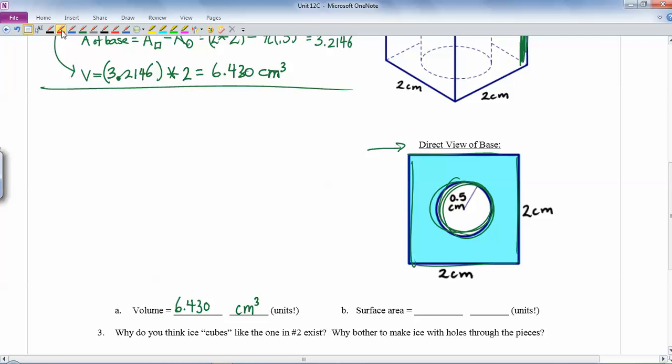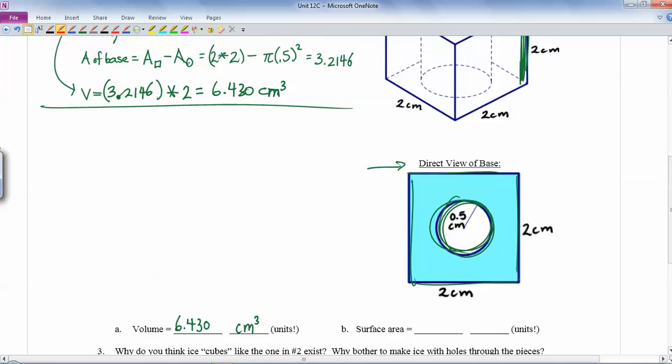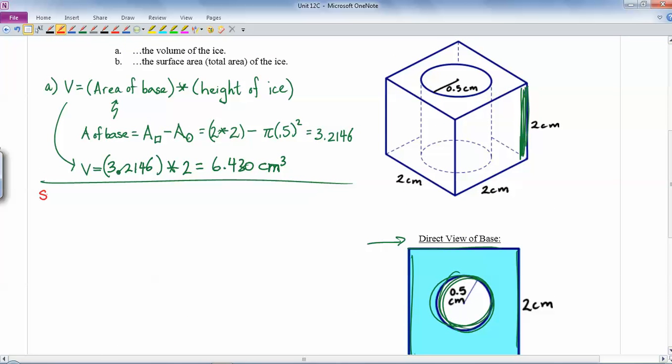Let's take a look at total area, or surface area, right? Well, we've got several things to add up to figure that out. So that's surface, it's everything you can touch, basically. The top, the bottom, the outer walls, and then actually there's the inner walls, right? Because you can touch the inside of that cylinder there. So let's kind of write out what we need to do. We need the area of the 4 outer walls.